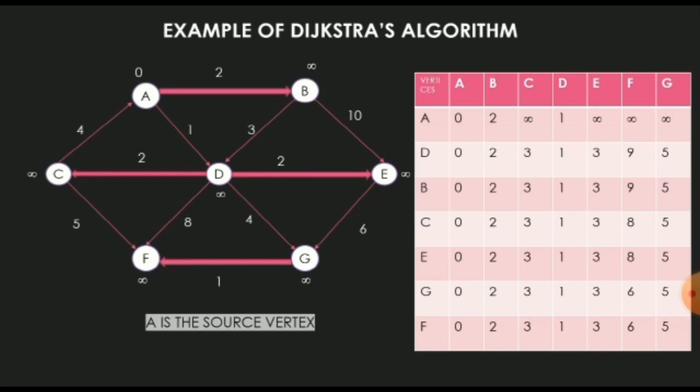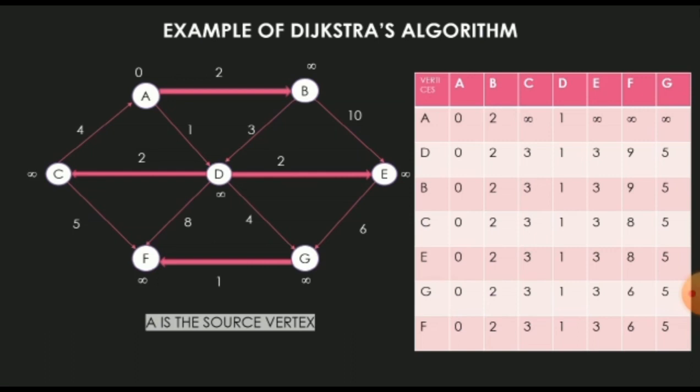We compare the weights of the vertices B, C, E, F and G. B has the smaller weight, so we visit B as the next node. From B we have two edges, one to D and another one to E. As D is already visited, its weight remains unchanged.